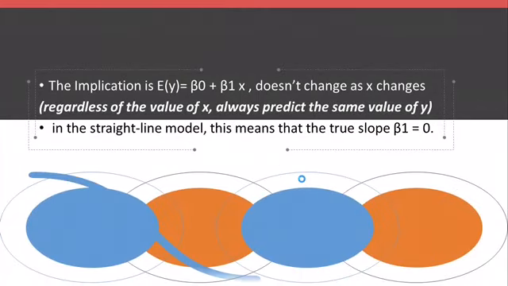The implication is that E(Y) equals B0 plus B1x doesn't change as x changes, or regardless of the value of x, we always predict the same value of y. In the straight line model, this means that the true slope B1 is equal to 0.